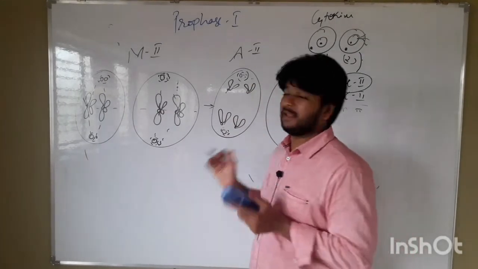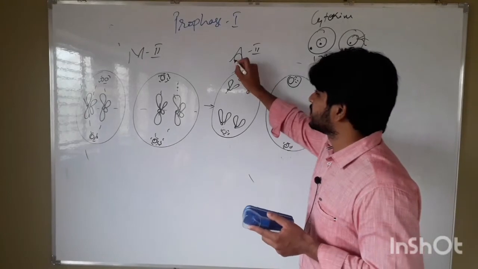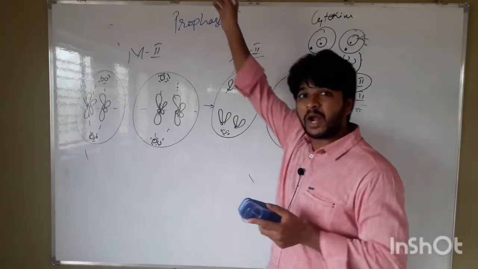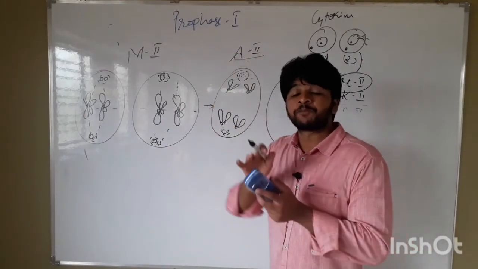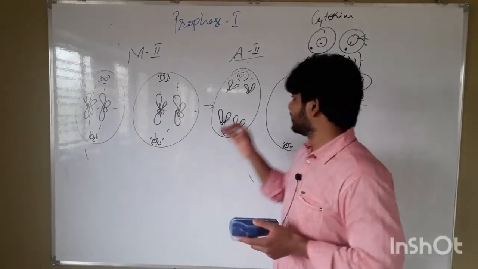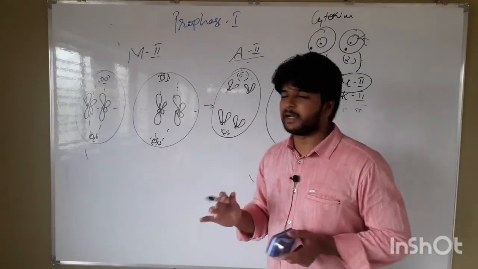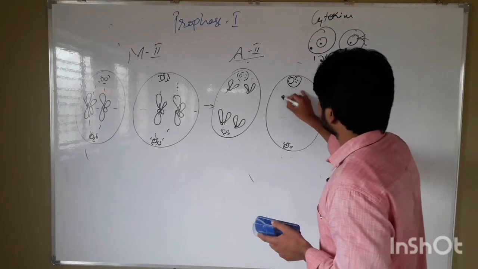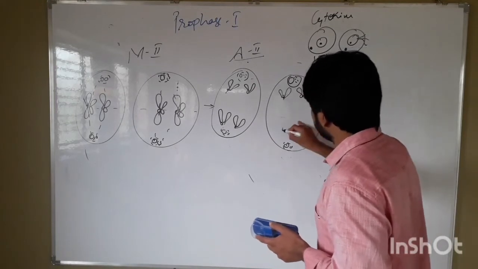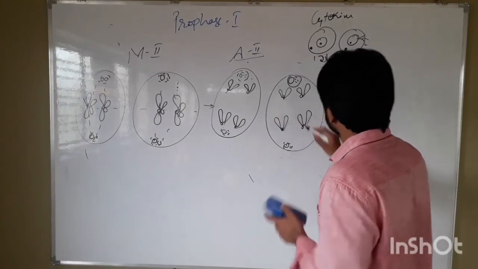This is the main distinguishing feature between anaphase 2 and anaphase 1. In anaphase 1, paired homologous chromosomes got separated. Here, chromatids got separated, and these chromatids enter the next stage called telophase 2.